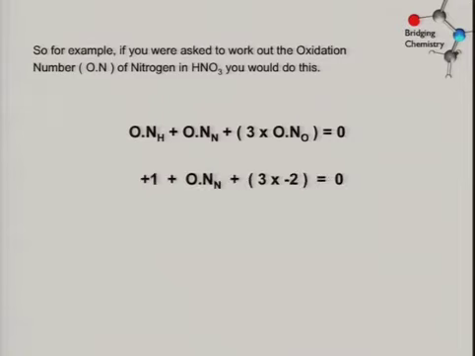Then we can say that the oxidation number of the hydrogen is 1, because it's in our rules, and the oxidation number of the oxygen is -2, because that's in our rules as well. So we can plug those numbers in, do some math, and work out the value for the nitrogen.